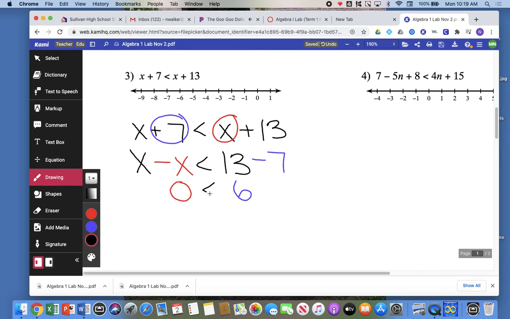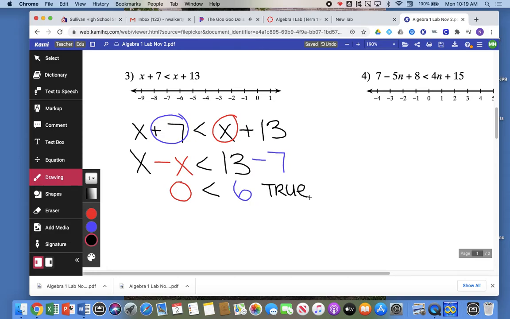Hey, do you remember? We have to ask ourselves a question here. Is it true or is it false? 0 is less than 6. So these are one of those special cases. This is a true statement. So do you guys remember what we write? All real numbers.